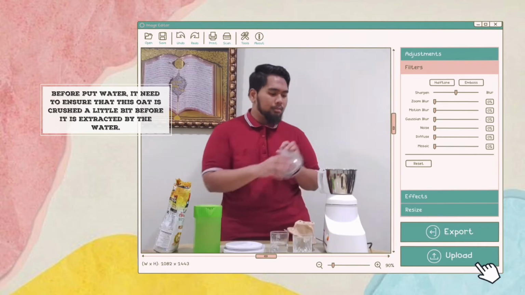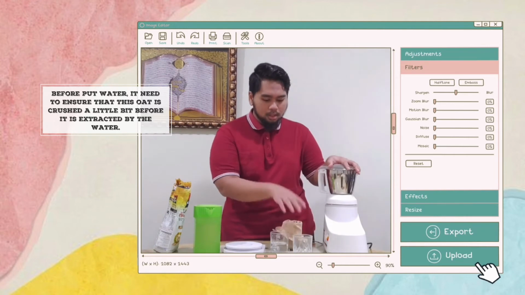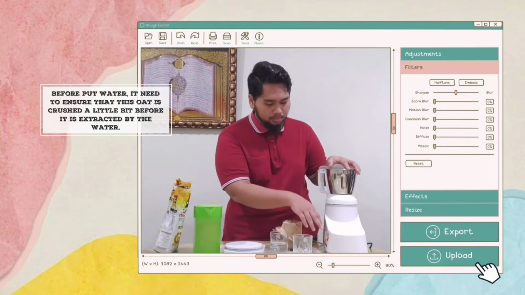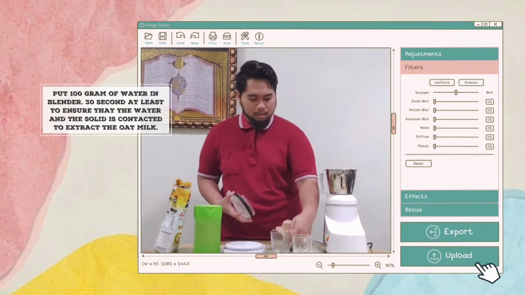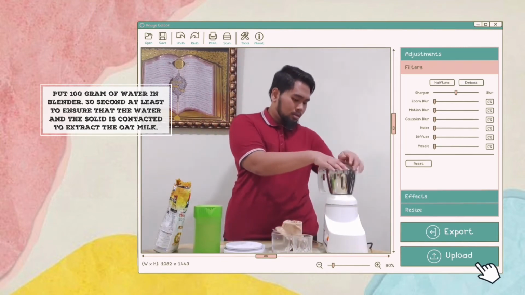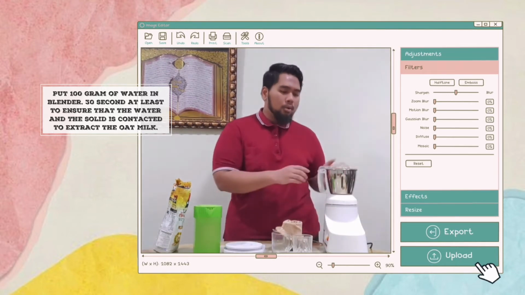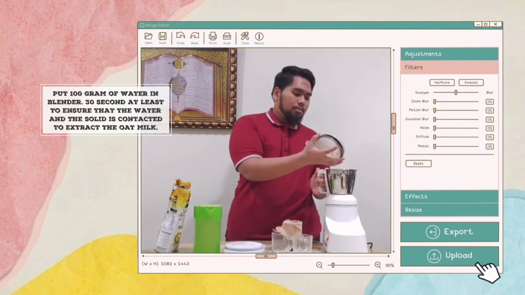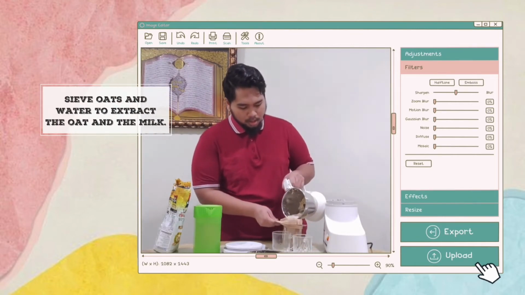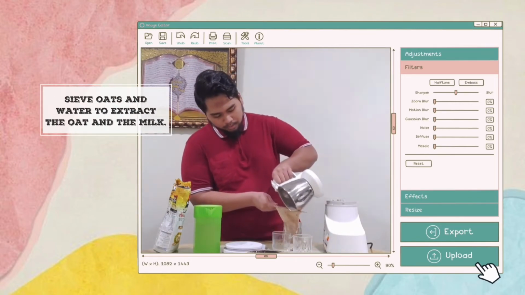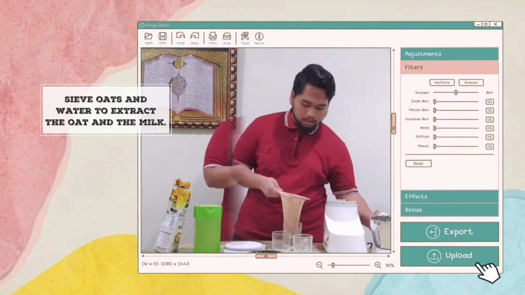Before we put in the water, we need to ensure that the oat is crushed a little bit before it is extracted by water. Put 100 grams of water in the blender. Blend for 30 seconds at least to ensure that the water and the solid are in contact to extract the oatmeal. After that, we sieve the oats and the water to separate the oats and the milk.